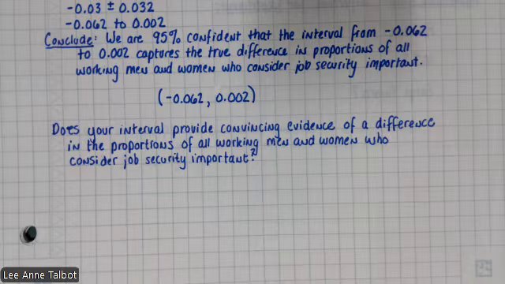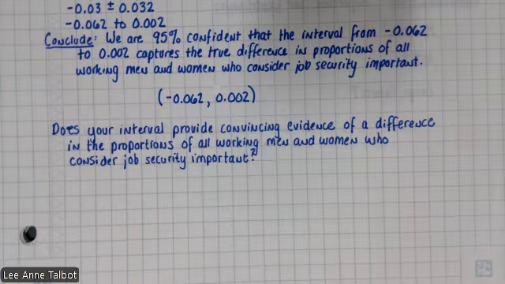So this is saying that a plausible range of values for men minus women is -6% to like 0.2%. Okay, the negative side means that sometimes women care more than men. The positive side means sometimes men care more than women.